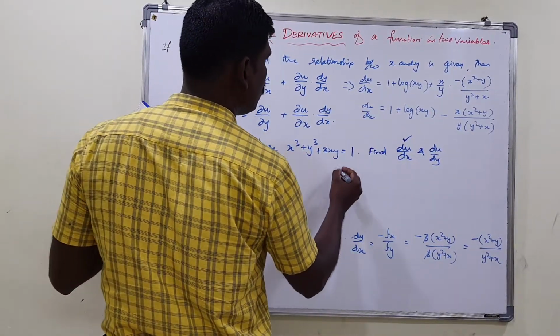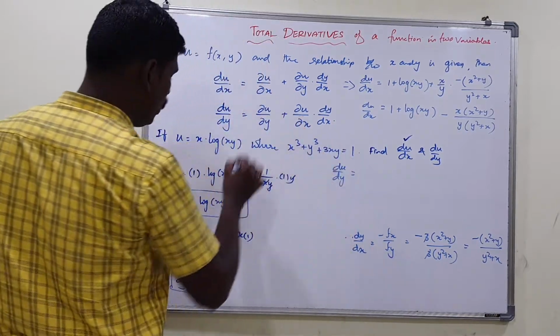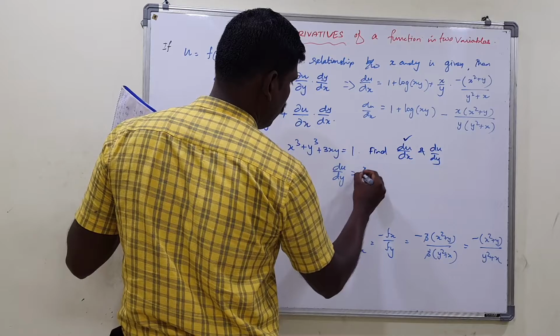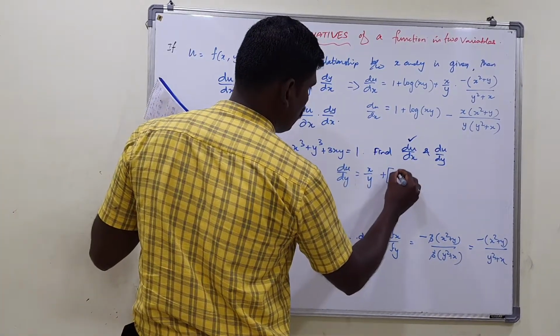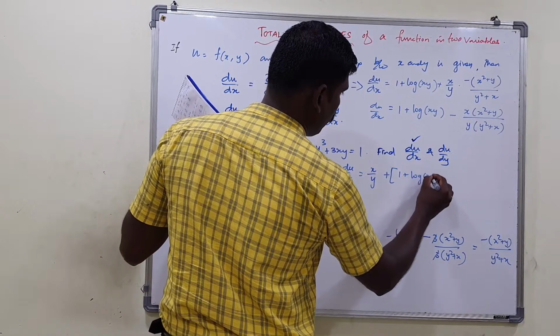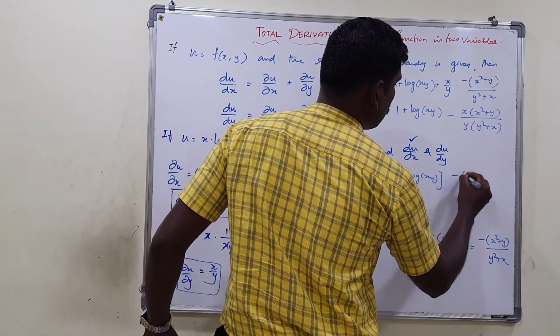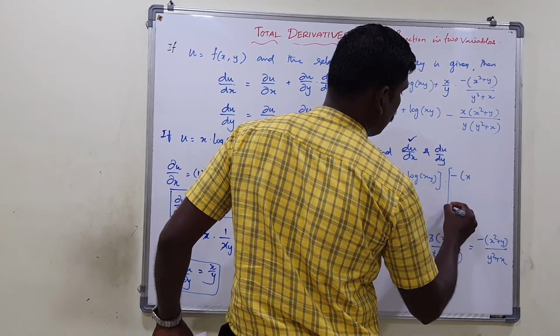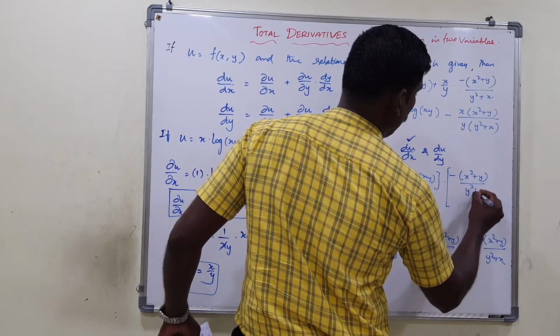So what is du by dy? Dou u by dou y at first, which is x by y, plus dou u by dou x, which is 1 plus log of xy, into minus of x square plus y by y square plus x.